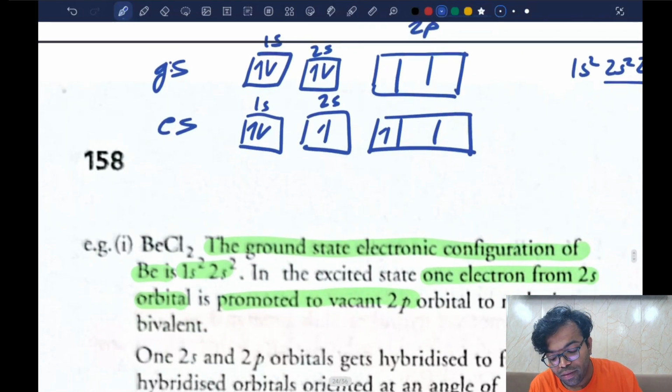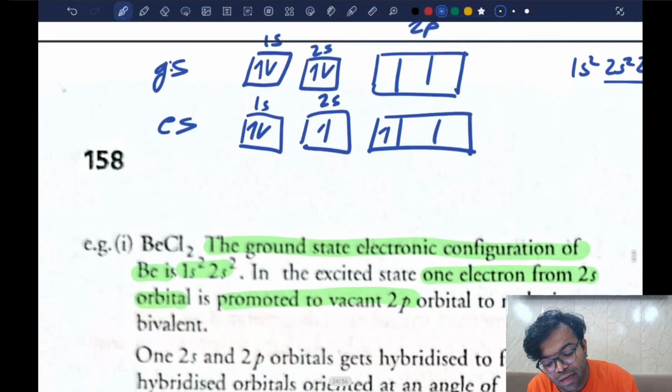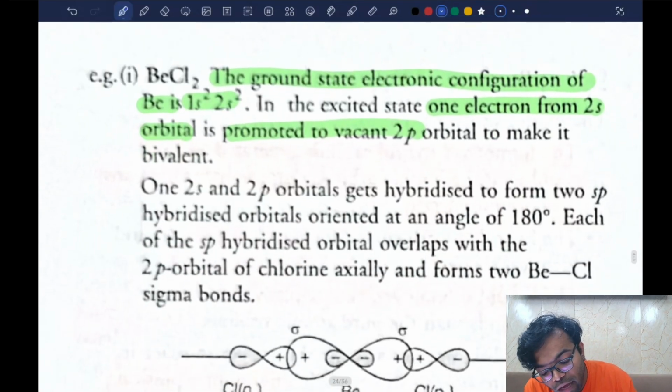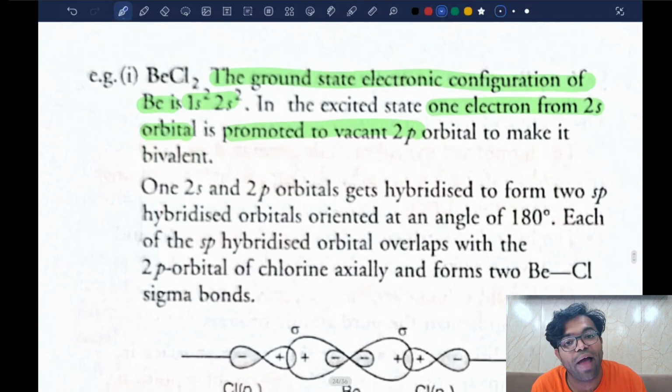What is happening here is that one electron from the 2s is jumping into the 2p, a promotion. The ground state electronic configuration of Be is 1s2, 2s2. In the excited state, one electron from the 2s orbital is promoted to the vacant 2p orbital to make it bivalent.